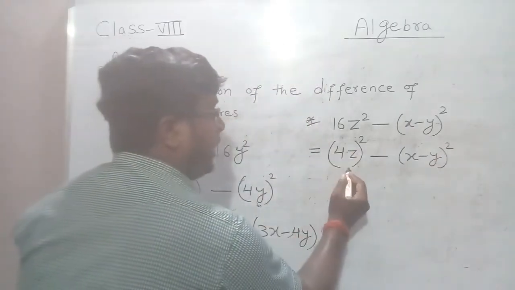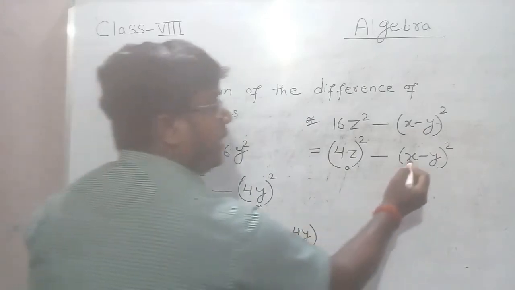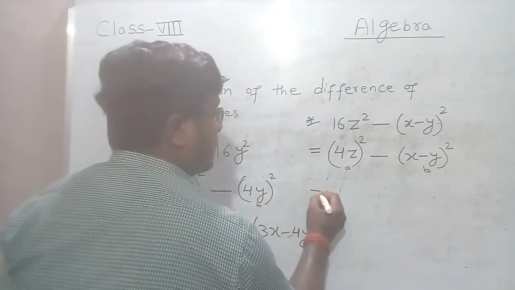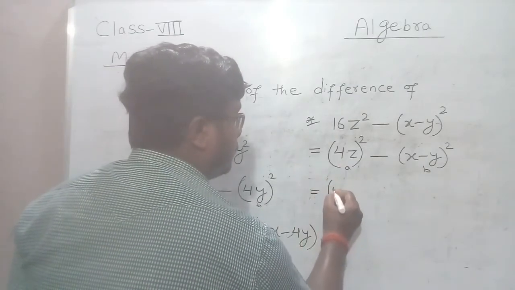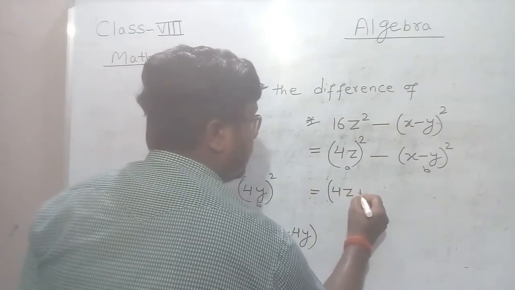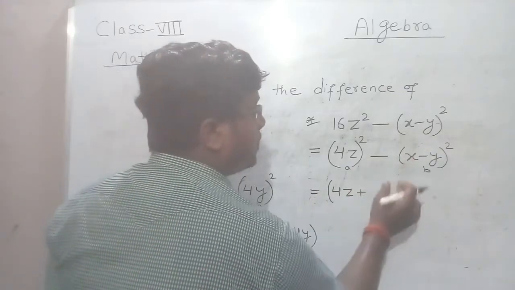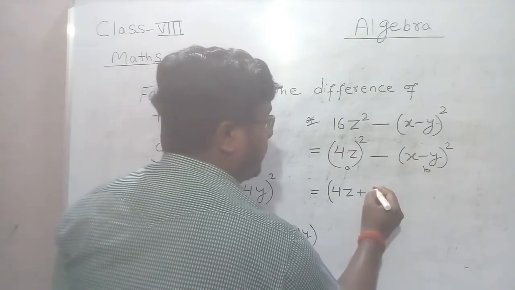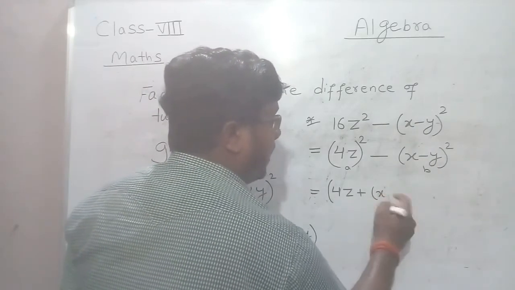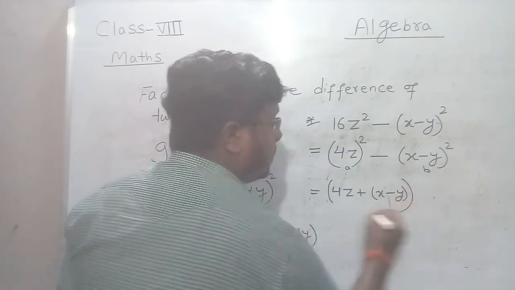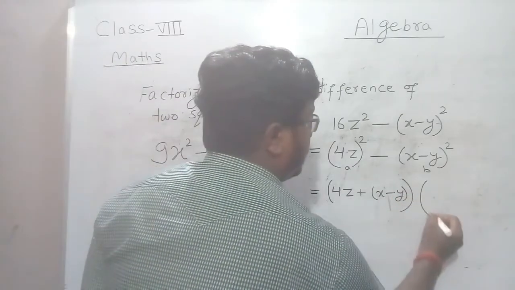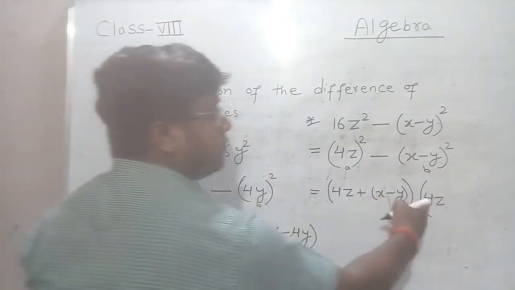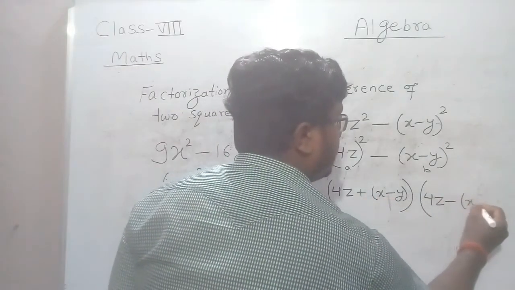Now 4z will act as a, and x minus y whole will act as b. So we can write 4z plus, in place of b, x minus y. Since there are two terms, I will write it in a bracket. The other term is a minus b, that is 4z minus (x minus y).